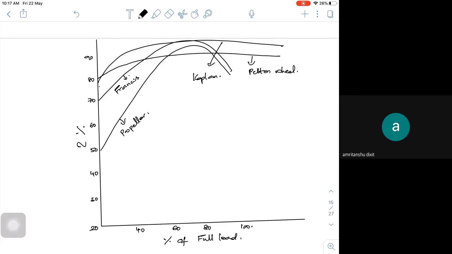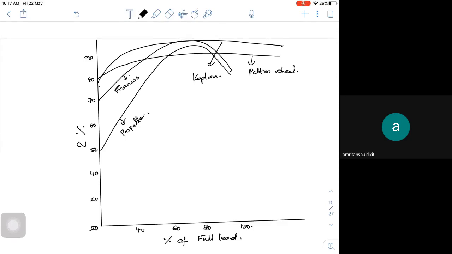If the same turbine works under unit head, that is 1 meter, how is it going to behave, whether with respect to the speed, the power developed, the head developed or the discharge? These quantities play a major role in designing, or in deciding what type of turbine I need to look into.